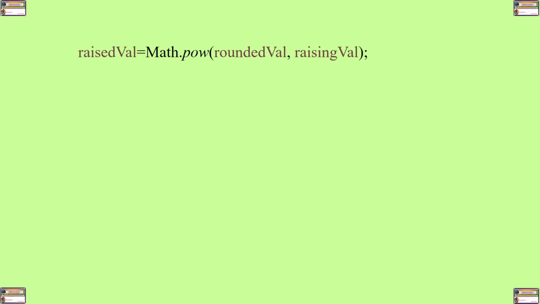For example, if you have rounded value being 5 and you want to raise it to power 6, then we enclose 5, 6, meaning that 6 is the value stored in raisingVal, while 5 is the value in roundedVal. Then the answer that will be returned will be assigned in the memory location called raisedVal.